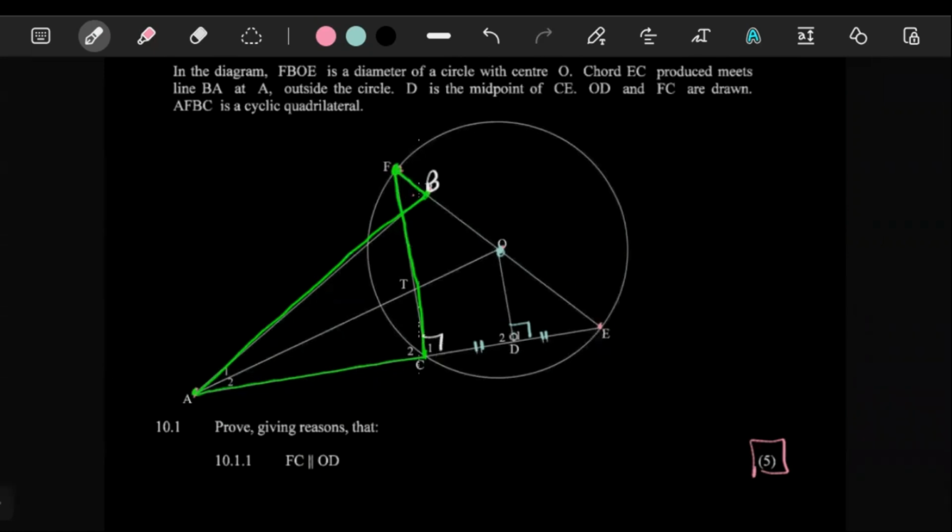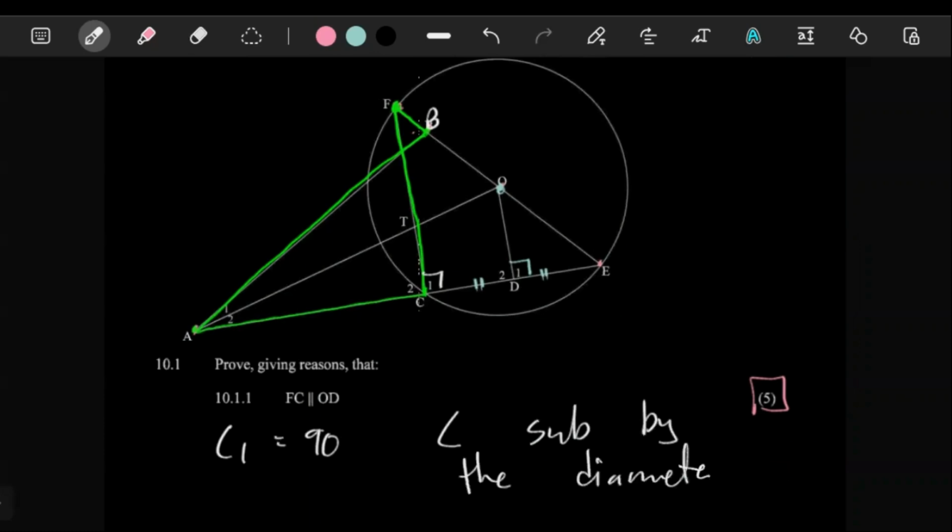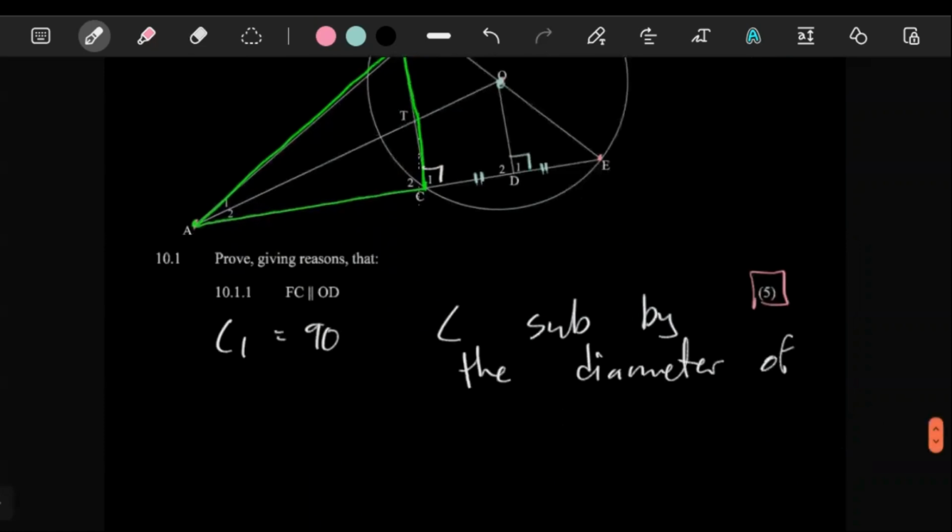Yes, they both have 90-degree angles there. Because for C1, we're going to say it's equal to 90 because angle subtended by the diameter of a circle. So that one is straightforward.